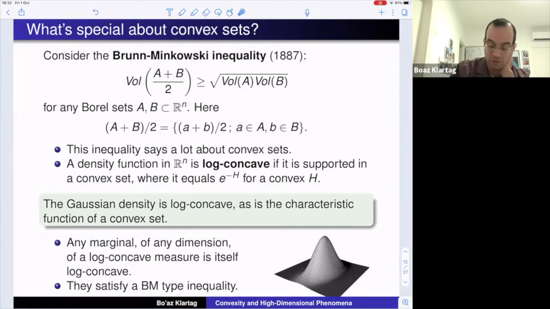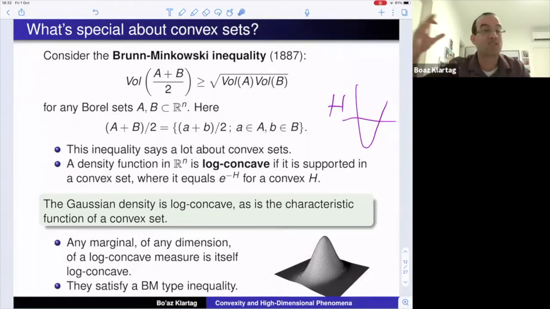So h is a convex function, something like this, and log concave is something like this shape here. e^(-x^2) is an example of a log concave function. This is the Gaussian density. And also you could take the characteristic function of a convex set, right? Just the constant function on this convex set is a perfectly fine log concave measure.